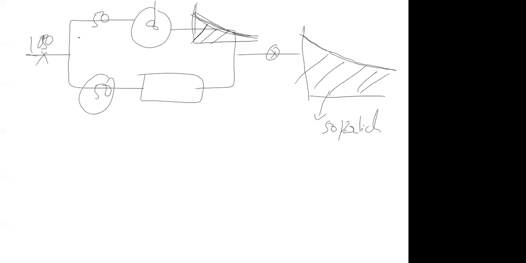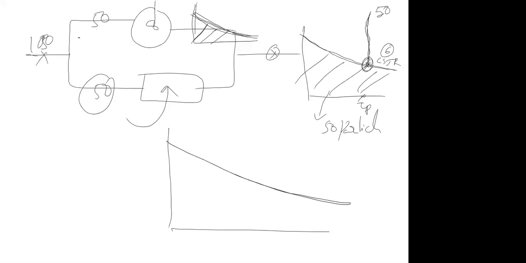Then the 50 which are going to the PFR have to exit. Let's say this is the residence time, tau p. At this tau p, these many particles are coming from the CSTR. Let's say 6 particles are coming. On top of this, you will get these 50 particles, which makes 56 particles. So basically, the RTD looks like this. It is a CSTR, but at one point you will get the PFR RTD.